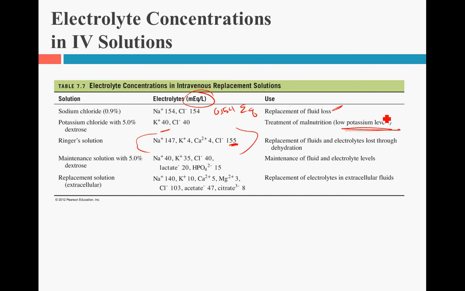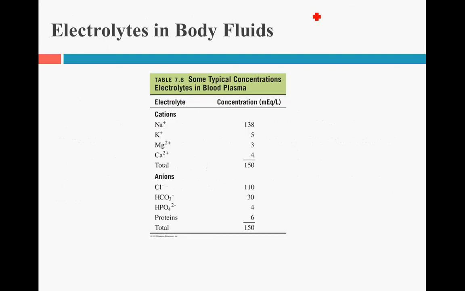If somebody has a low potassium level, they're going to give them an IV with potassium in it. If someone has dehydration issues, they might give them a Ringer solution or sodium chloride solution. So these are areas that you might want to take note of. And here's the concentrations of blood. We have 138 of sodium, 5 potassium, 3 magnesium, 4 calcium.